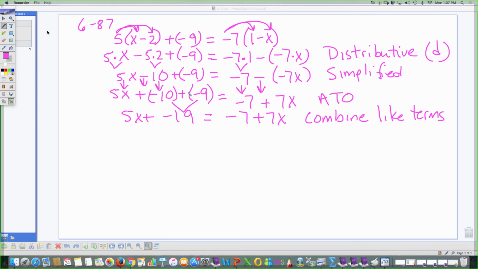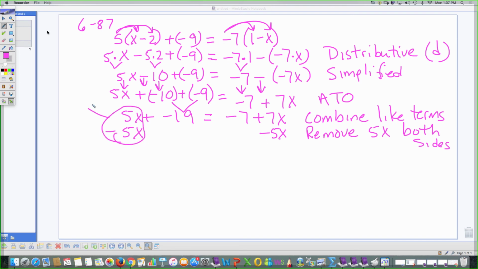Okay, now we can look at it. We can take some matching numbers or matching x's. So I could take 5 x's here, and I could remove 5 x's over here. So remove 5x from both sides. Remember, they have to be matching on both sides.